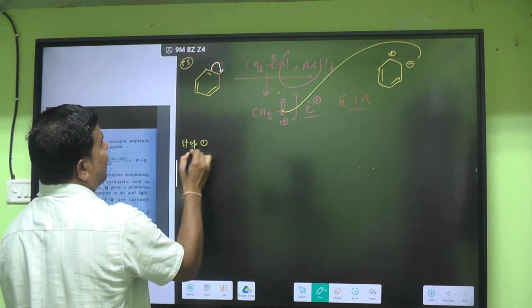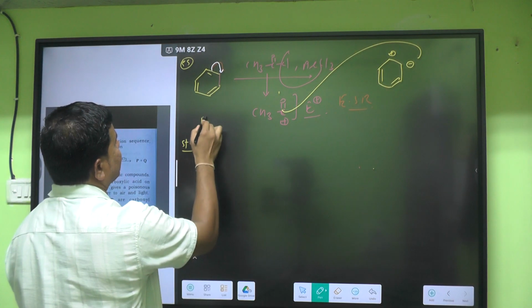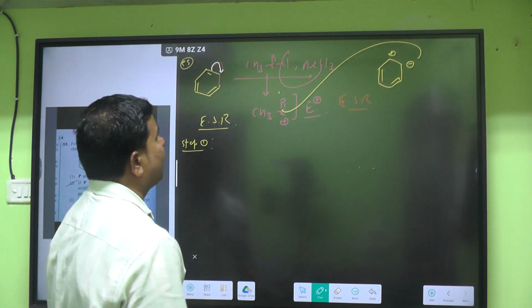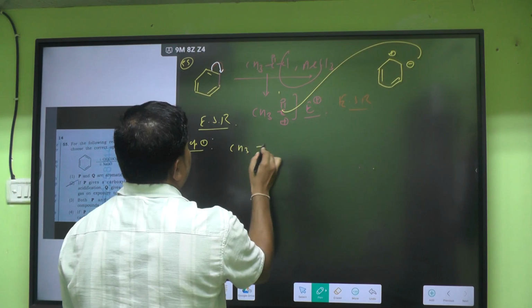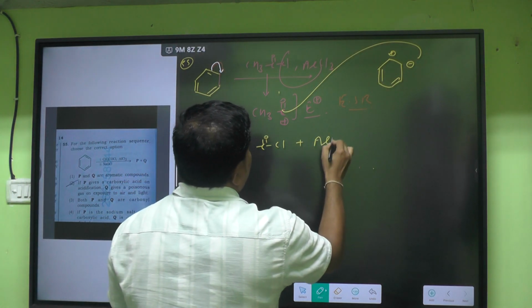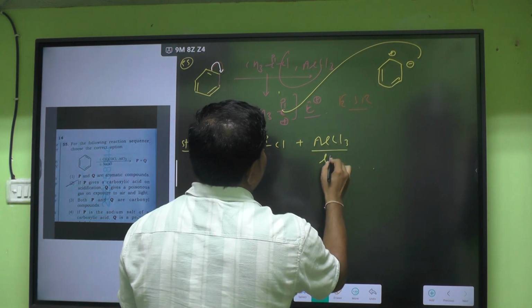First step, formation of electrophile. Now CH3 C double bond Cl, and aluminum trichloride is a Lewis acid.